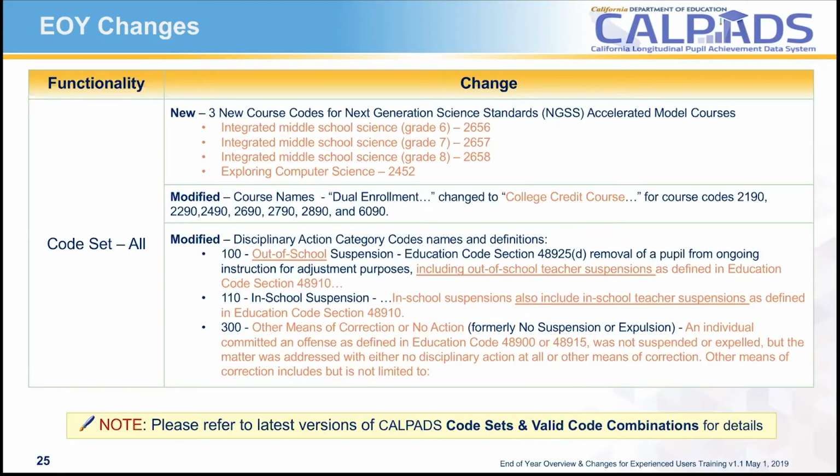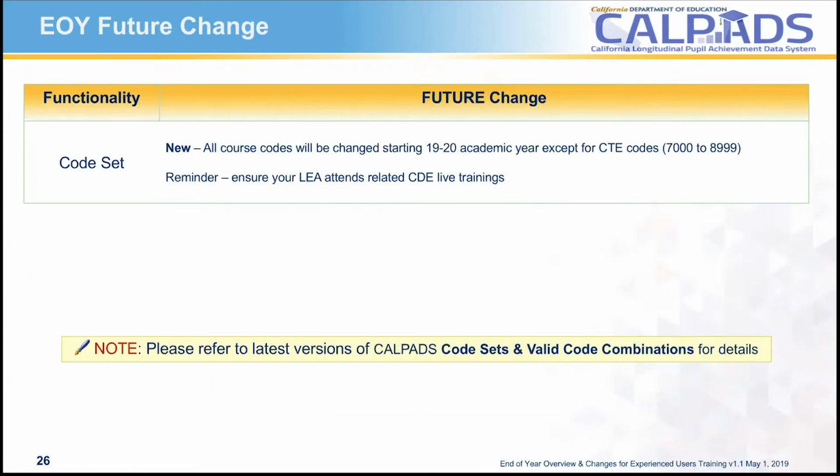So the way you submitted your information for special ed in the previous years, which was all of the discipline information, you would now be submitting that for all of your students. And there's one other change which I will talk to you about in just a second on another slide related to discipline.